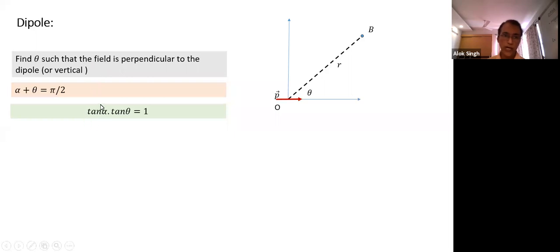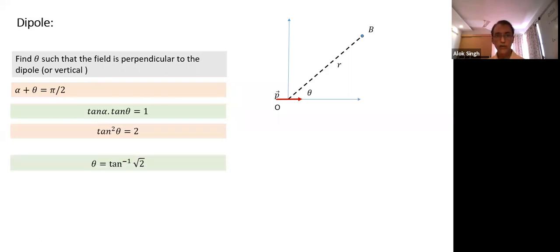We know tan alpha is equal to tan theta by 2, which gives tan square theta is equal to 2, or theta has to be equal to tan inverse root 2. When theta satisfies this condition, the field at point B will be perpendicular to the dipole vector.